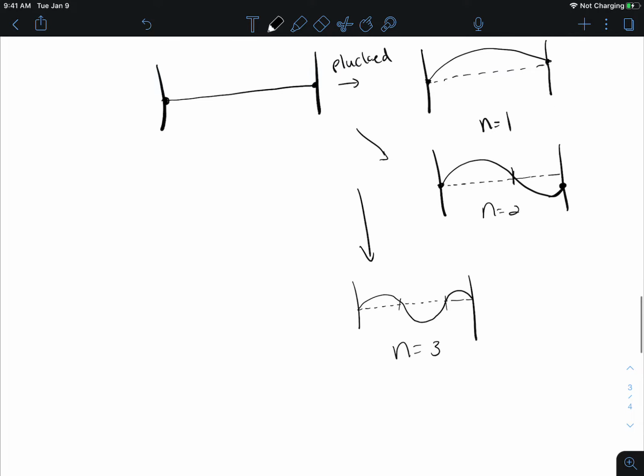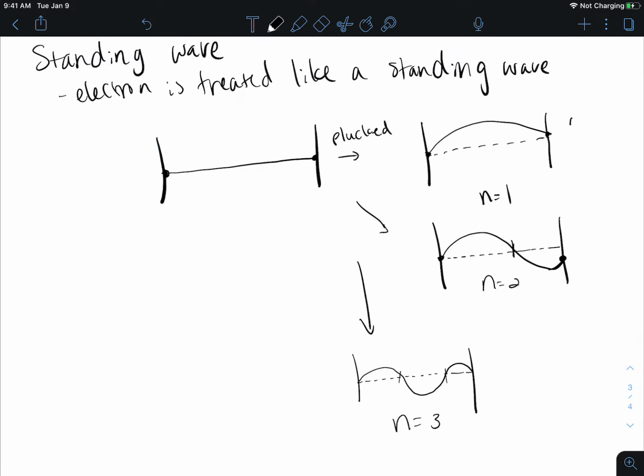n equals 3, where we have 0 nodes for n equals 1, so no areas of 0 amplitude. 1 node right here in n equals 2, and 2 nodes in n equals 3. So anytime that we have a 0-point magnitude, these points right here, that's a node.